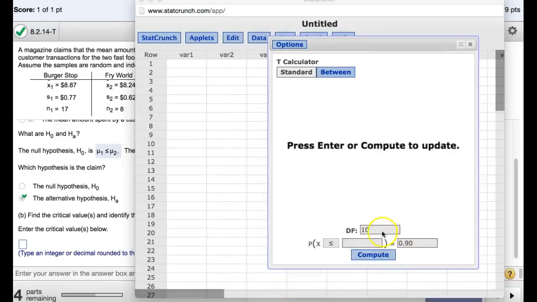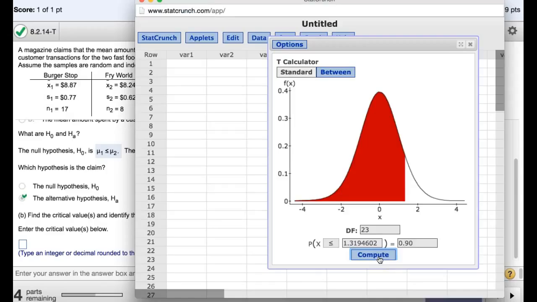So we'll go ahead and put in 23 as our degrees of freedom, and then we'll compute. And so we see that in this case, our critical value is going to be approximately 1.319. Okay, so we'll go ahead and put that in now.